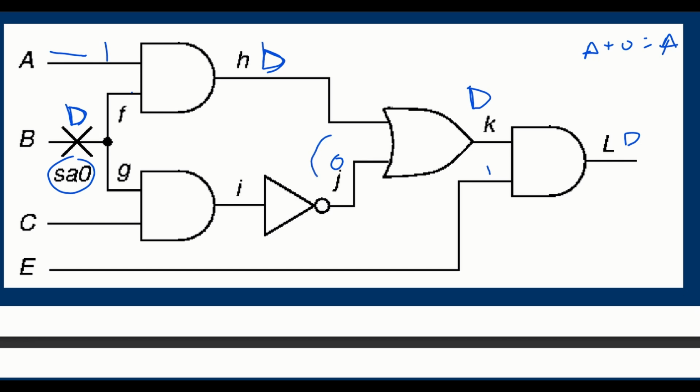So remember, at this point we put 0 here. Now the only way this one can be 0, assuming there is no fault in this device, is that here is what? 1.